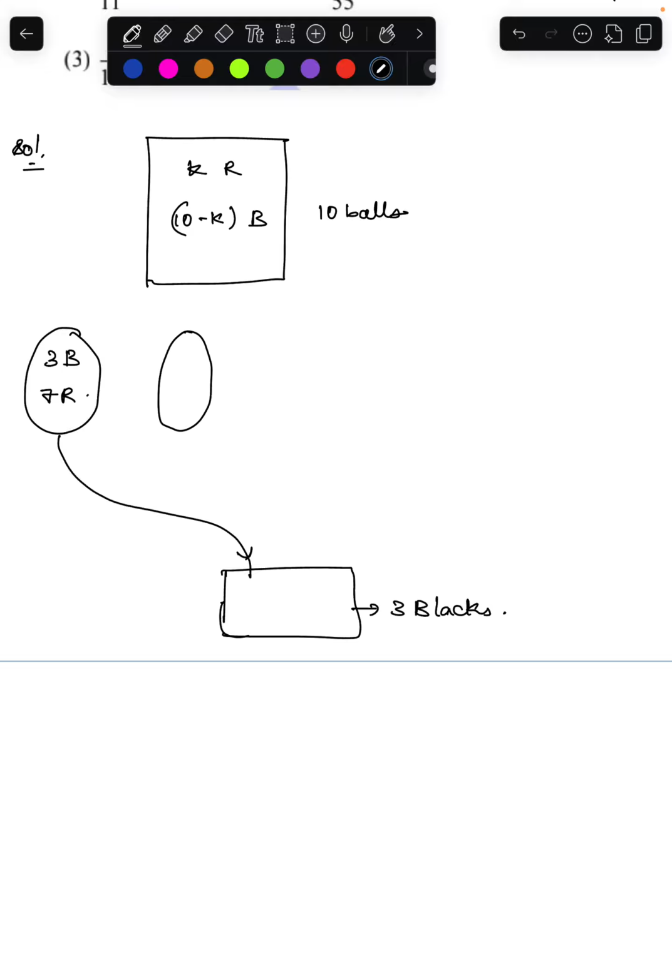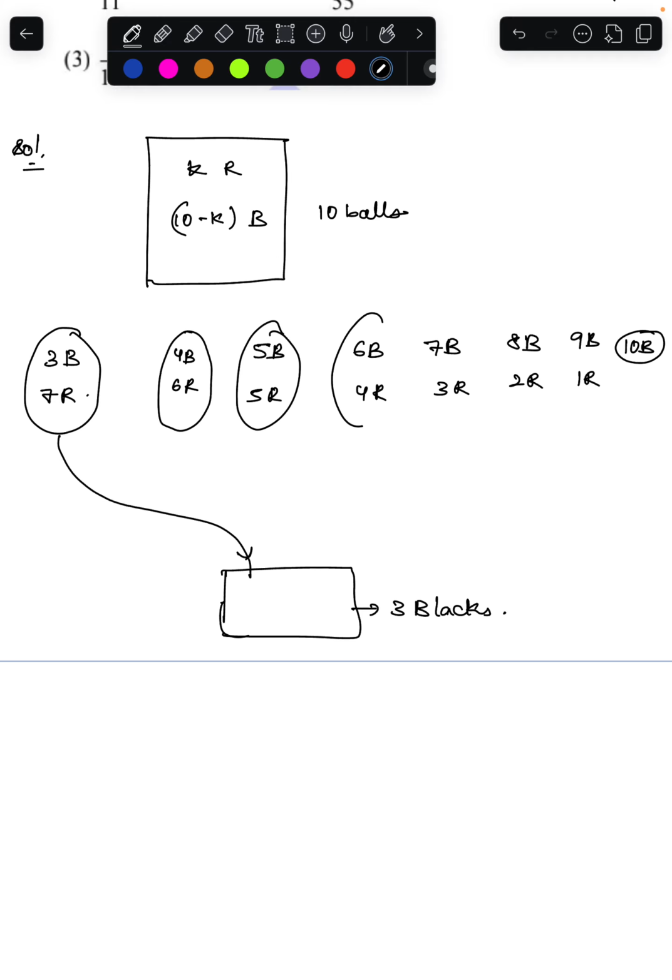Or the bag can contain four black, six red, or five black, five red, or six black, four red, seven black, three red, eight black, two red, nine black, one red, 10 black. So this is one possibility, one more, right?